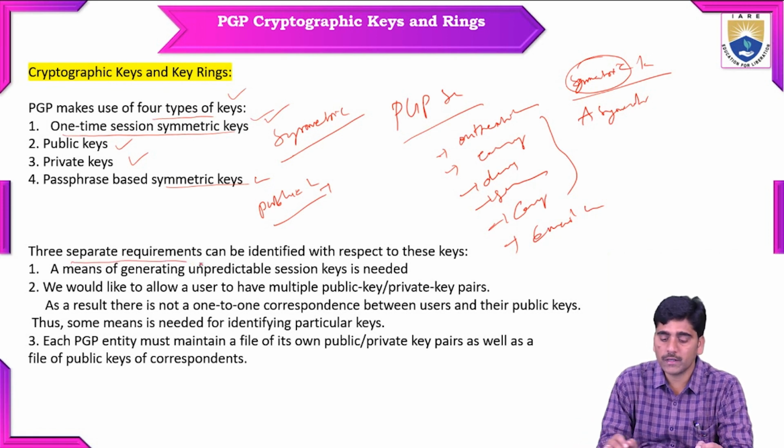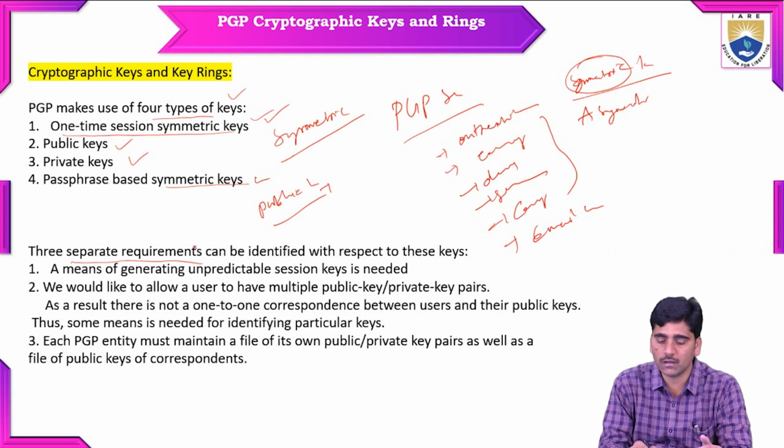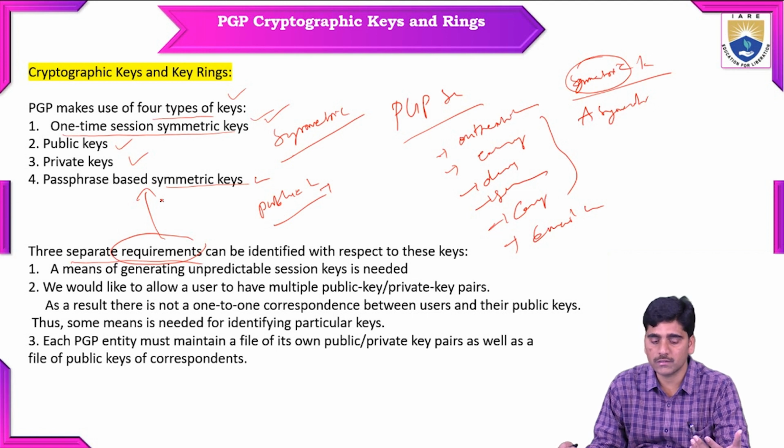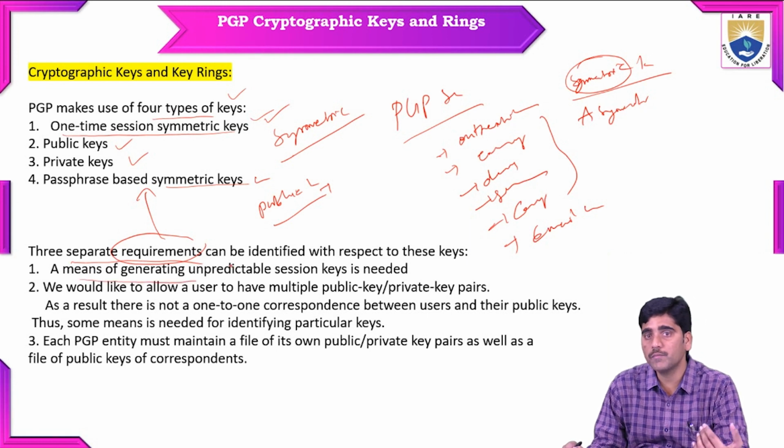Three separate requirements can be identified with respect to these keys. What are the requirements for using and applying these keys? The first one is that a means of generating unpredictable session keys is needed.